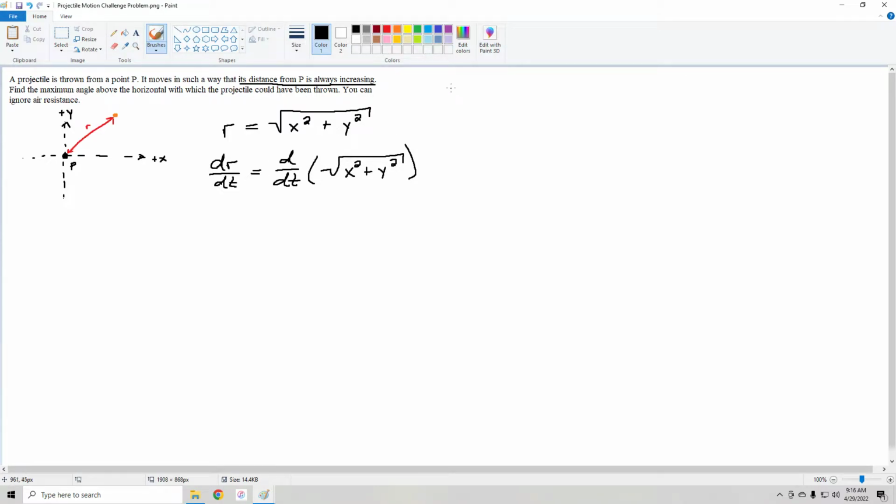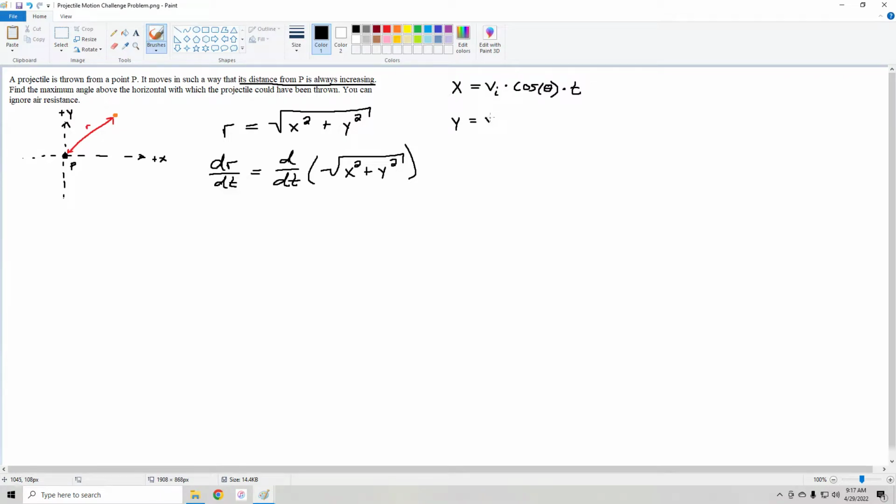And if we recall the formulas for x and y from the previous videos that I have done, remember that x is equal to the initial velocity times the cosine of the angle involved multiplied by time. And for y, typically we would say that there's like an initial y.